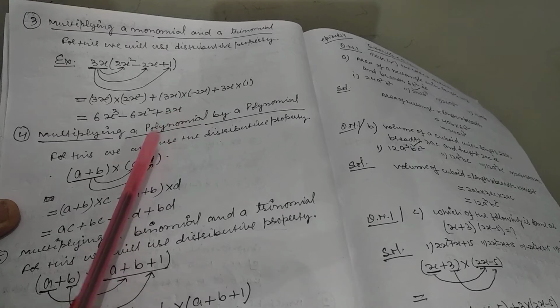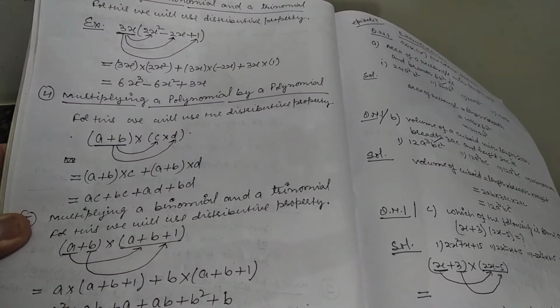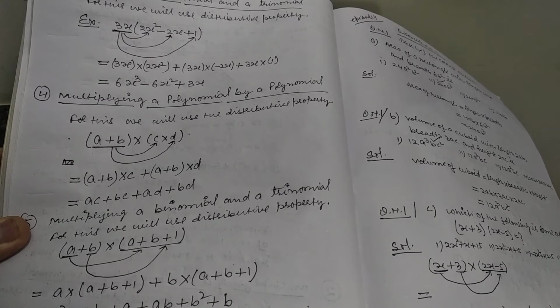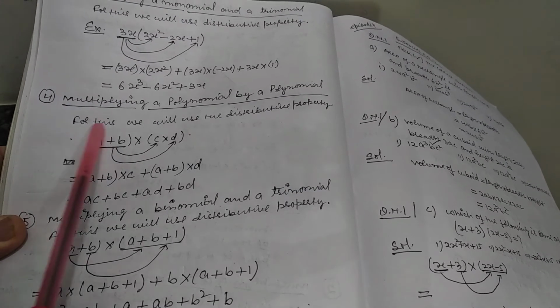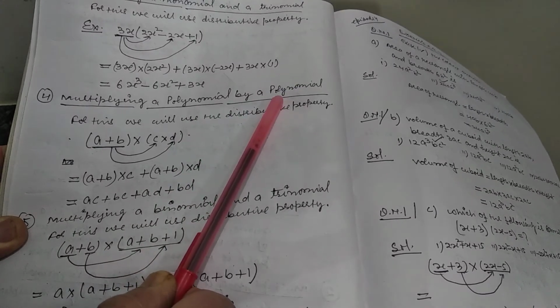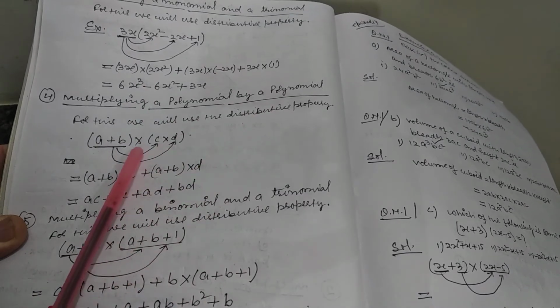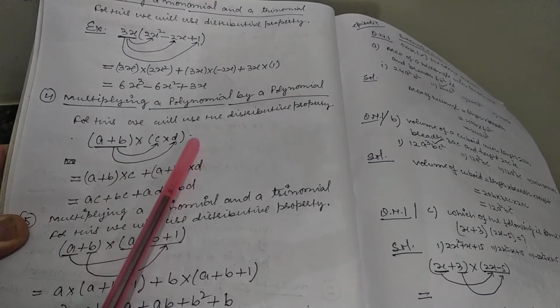plus 3x. Now the fourth property which we will use in solving the question of exercise 9.2 is multiplying a polynomial by a polynomial. तो polynomial को अगर हम polynomial से ही multiply करेंगे, then what we will have?